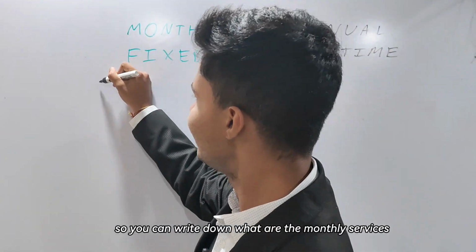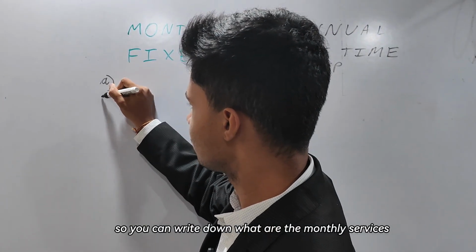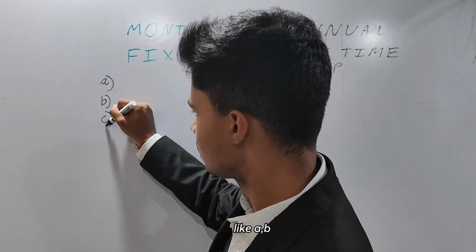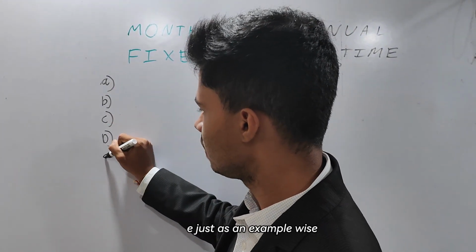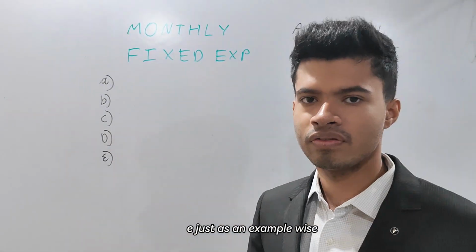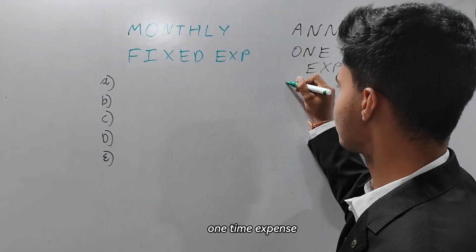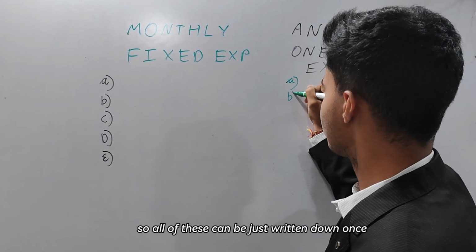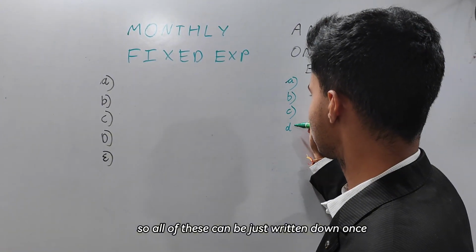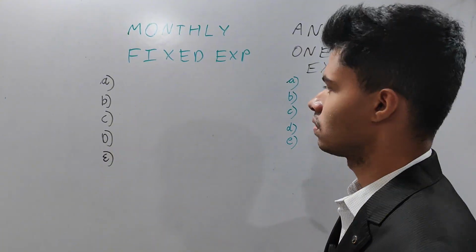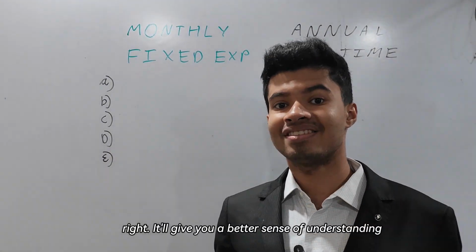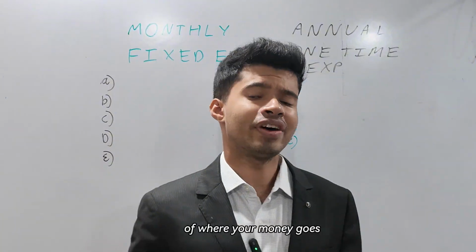So you can write down what are the monthly services, like A, B, C, D, E, just as an example. And the same thing can be applied to your annual one-time expense. So all of these can be written down once. It will give you a better sense of understanding of where your money goes.